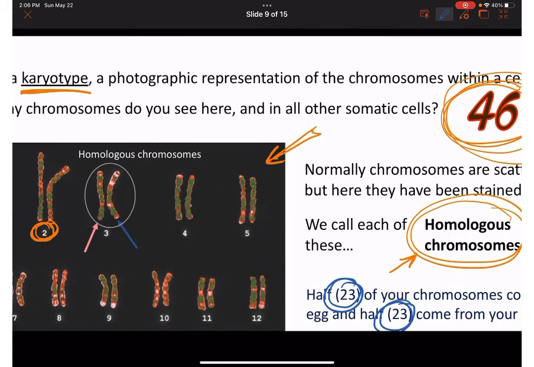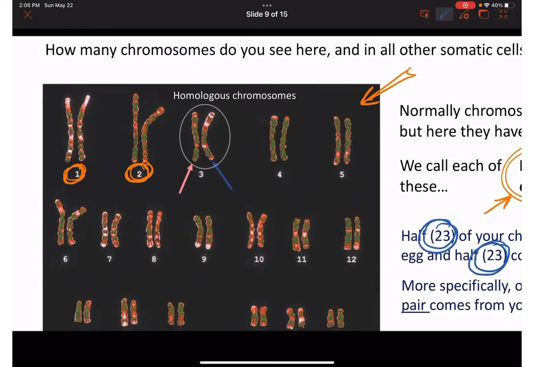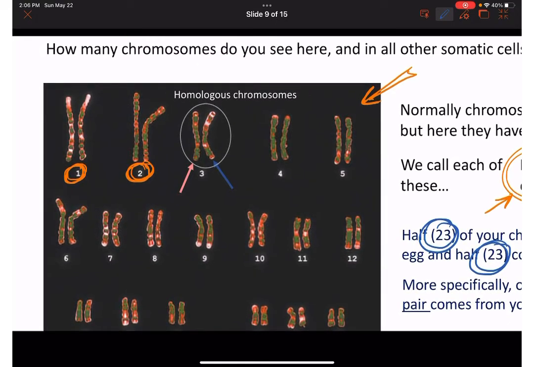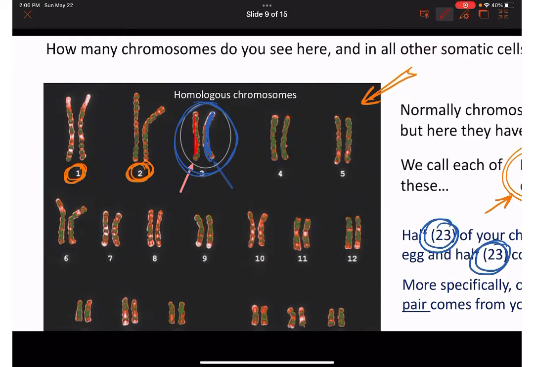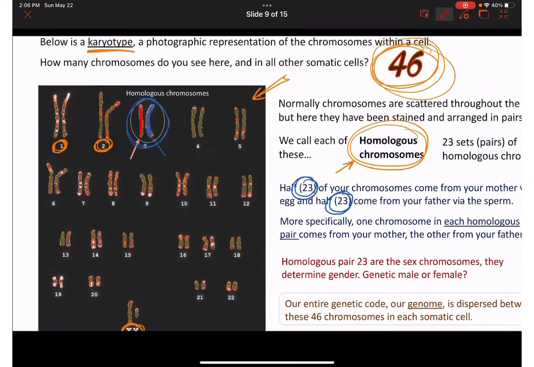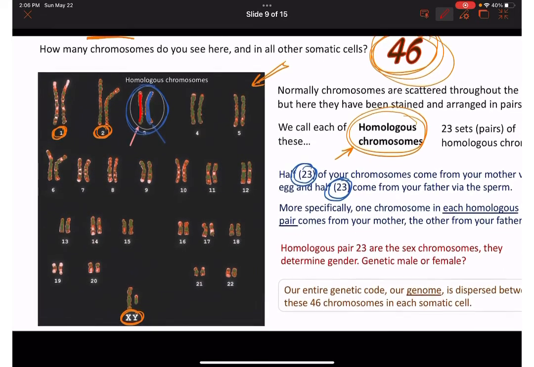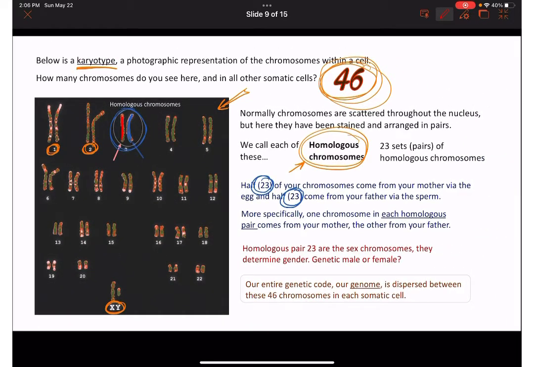Well, within each homologous pair, within each homologous set of chromosomes, one of those chromosomes is going to come from your father, and the other chromosome in that homologous pair is going to come from your mother.